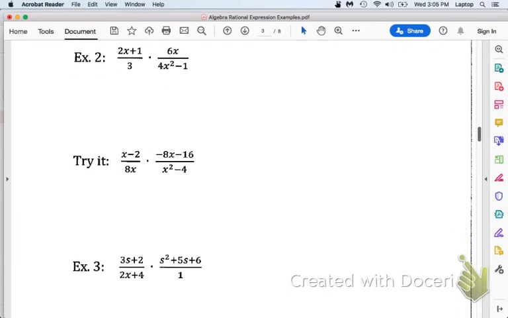All right. So example 2. In example 2, again, we're going to multiply numerators and multiply denominators. The first thing I do notice that I want to do, I'm noticing now in the denominator of the second fraction or expression that there's a difference of 2 squares, okay?